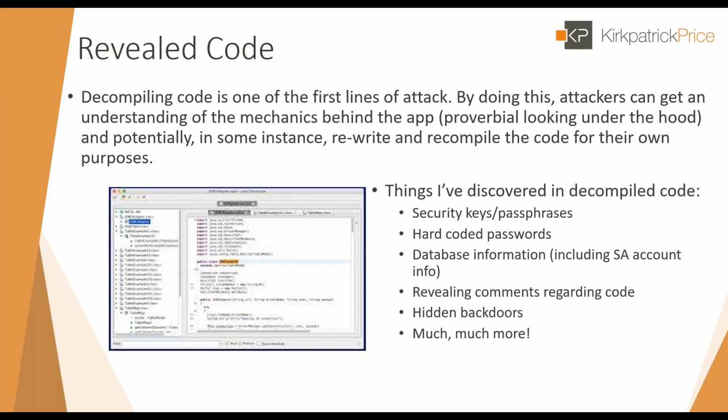When I was going through, I found the back door that the third-party coders had put in, so that they could log in as an admin anytime they wanted. I was happy to have uncovered that for the company that had hired us, but I definitely felt for them in having to have that fixed and all the stuff they probably had to go through post-finding. But those are some of the things that I have typically found when doing this regarding revealing the code.